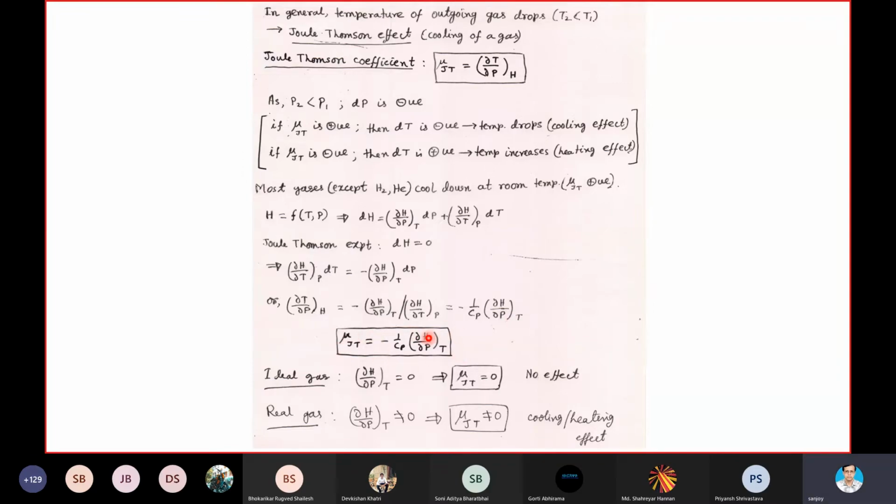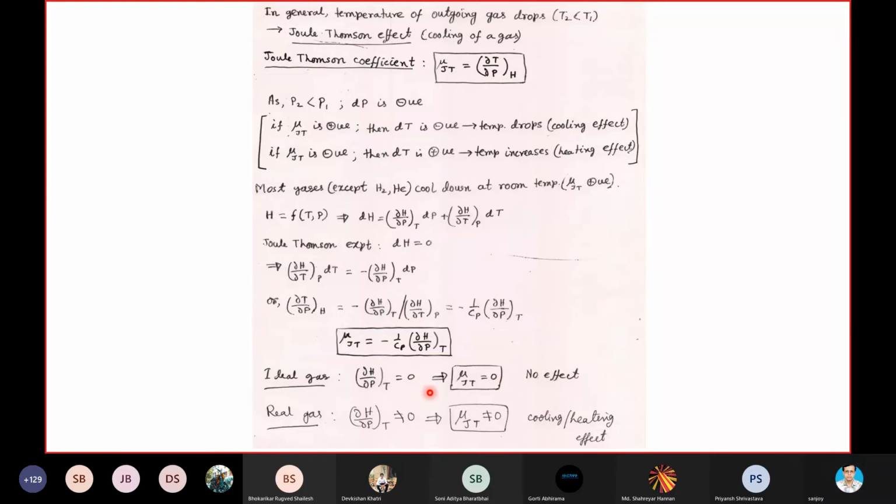So this is an expression of mu in terms of enthalpy, pressure and temperature. Now again, if we take an ideal gas, we know del H del P at constant T is 0. We have already proven it and applied it several times. So that automatically means mu JT equal to 0. Joule-Thomson coefficient 0 means you have neither heating nor cooling effect.